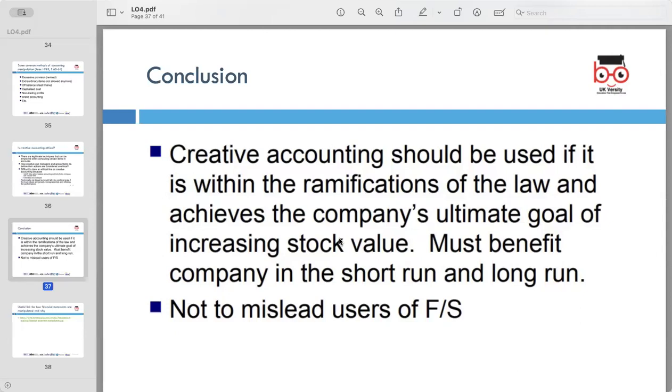While it can be employed to achieve legitimate business goals and enhance shareholders' value, it must not compromise the integrity of financial reporting or mislead users of financial statements. Companies should strive to benefit both in the short run and long term, ensuring transparency and accountability in their financial statements.